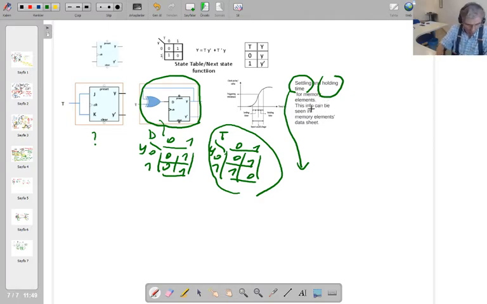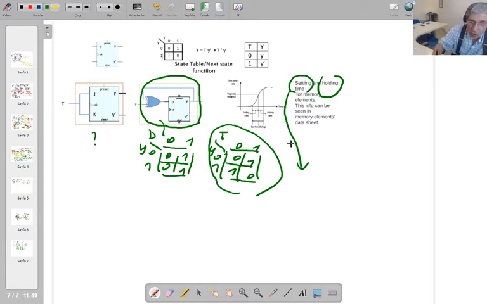That means you have to allow the state change, which is the settling time, and keep that value there, which is the holding time, and then change your input.